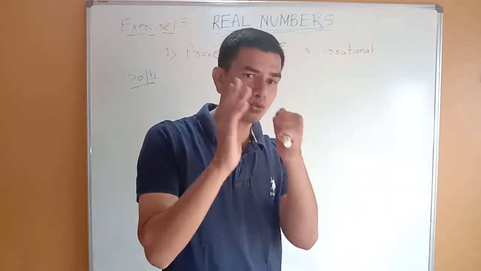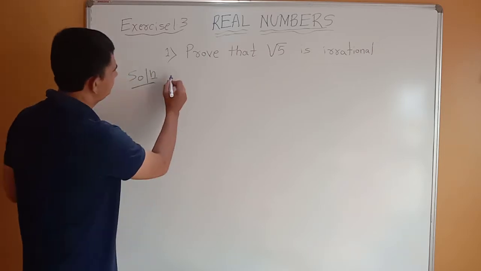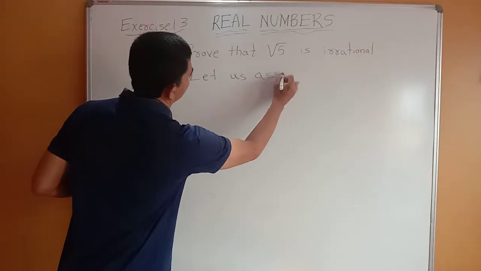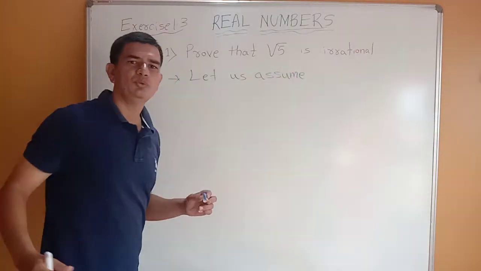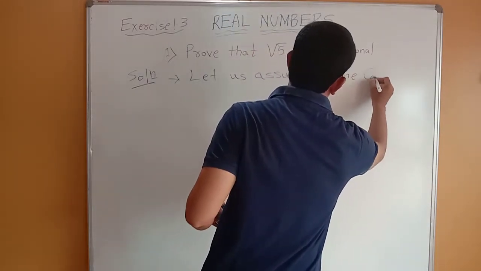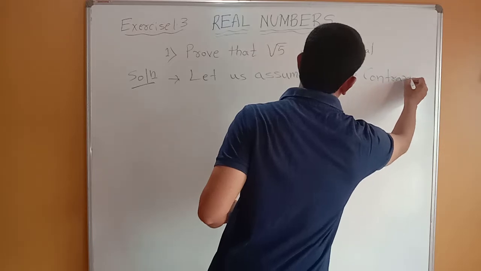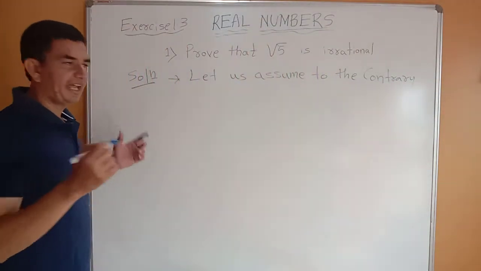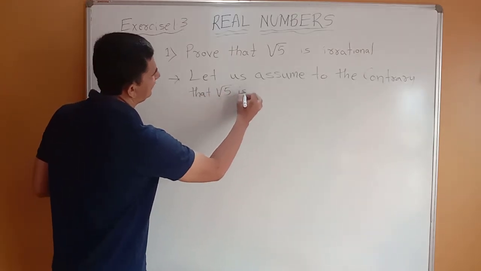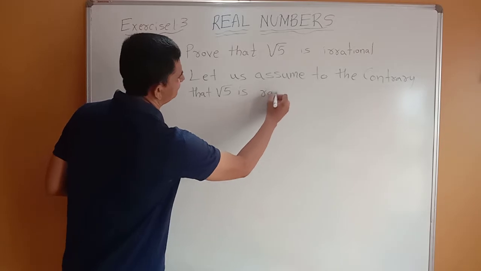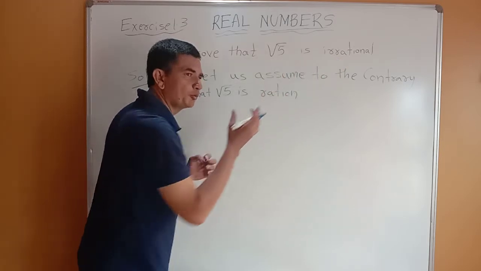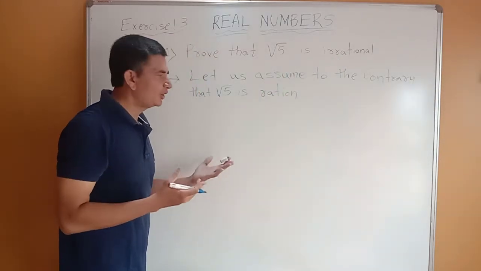Let us assume, to the contrary, that root 5 is rational. Here we have to prove it is irrational, so someone has to tell us that it is rational.